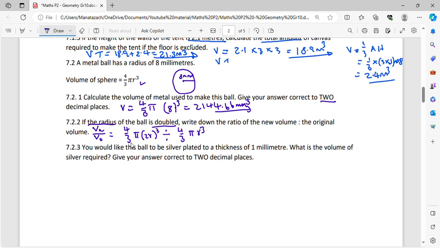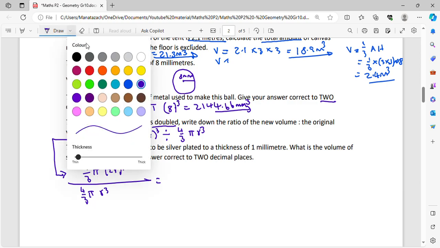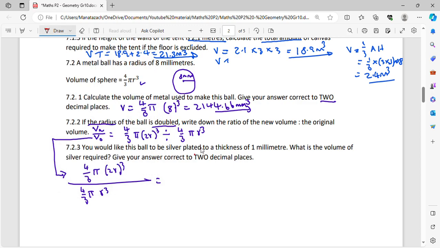All right, let's continue our answer here. Let's write it in a way that you can all see it. So basically you have something like this, and we can further simplify. The 4/3 and 4/3 will divide each other.